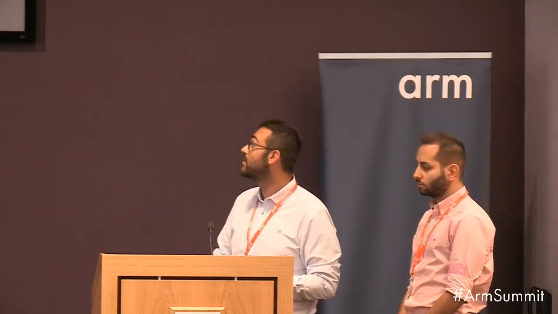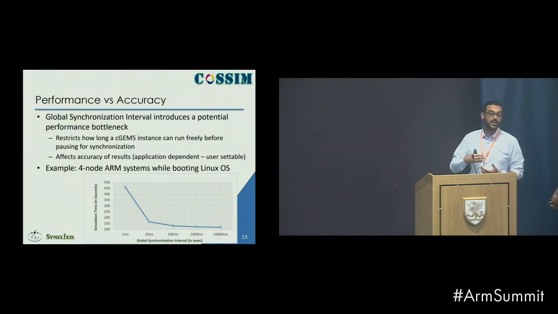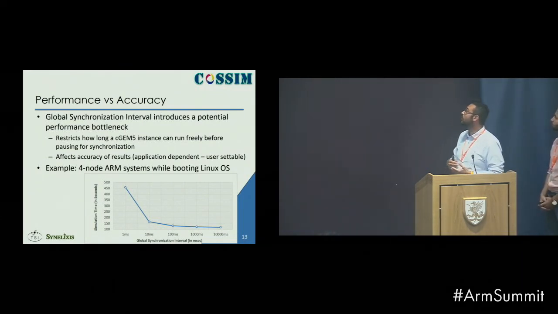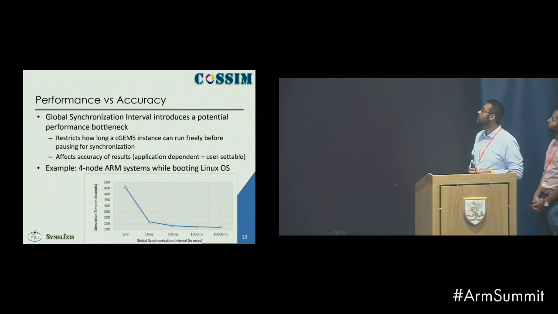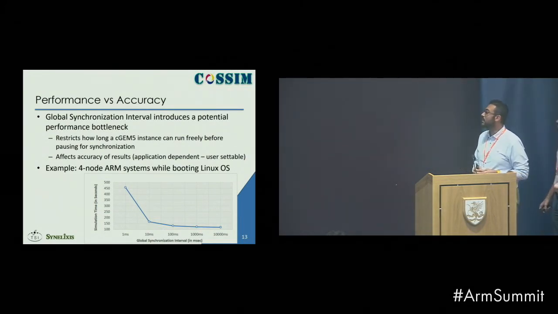The finer the synchronization intervals we use, the more accurate we can be, but there is definitely a hit on performance. This one shows 4 ARM-based Gem 5 instances booting a Linux OS, and the impact when we use different synchronization time intervals.